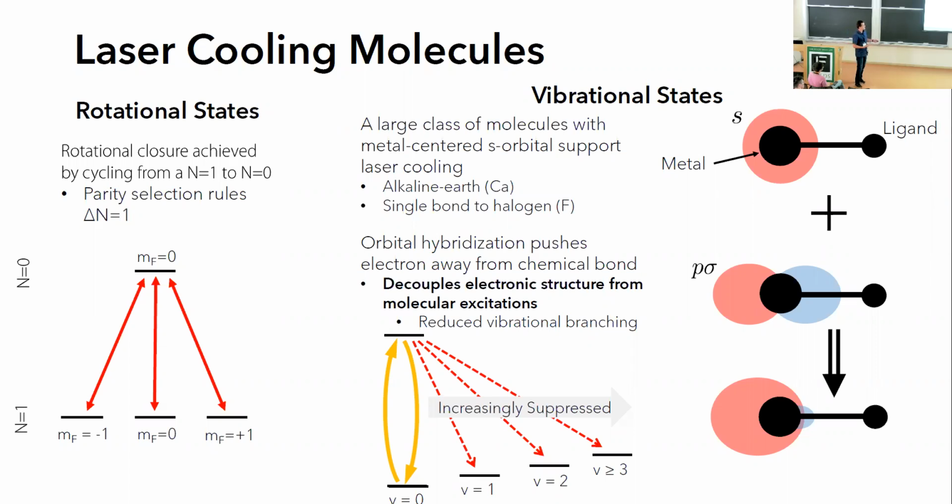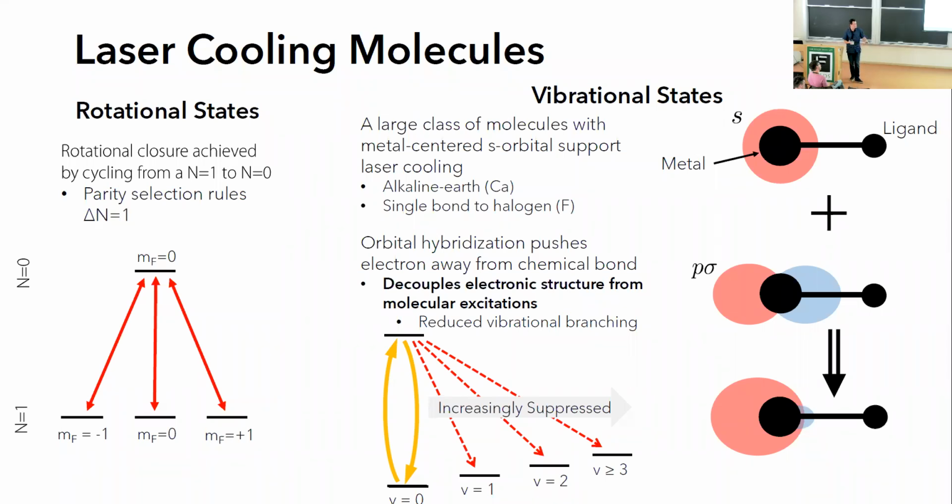These molecules that support laser cooling are shown here. Basically, you have a metal-centered s orbital, and it's connected to some sort of ligand. Because of orbital hybridization during the bonding process, the electron wave function around the metal atom actually gets pushed away from the molecular bond. And why is this nice?